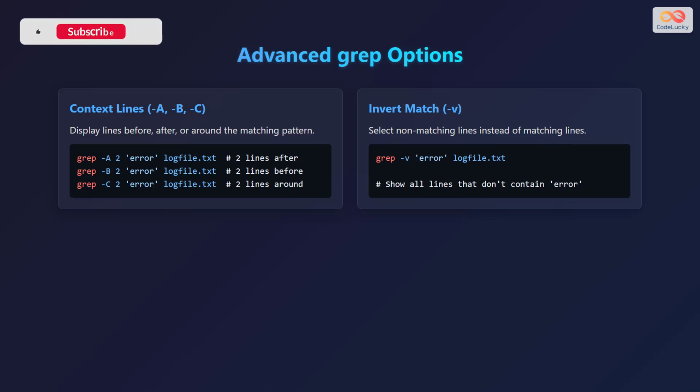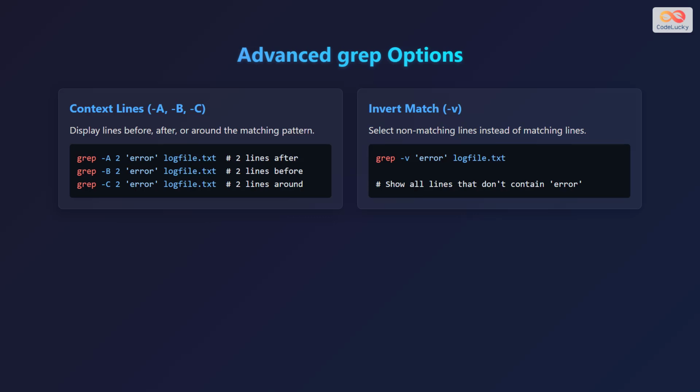Now let's dive into some advanced grep options. The -A, -B, and -C options allow you to display context lines around the matching pattern. -A followed by a number like -A2 shows that number of lines after the match. -B followed by a number shows lines before the match, and -C followed by a number shows lines both before and after the match.